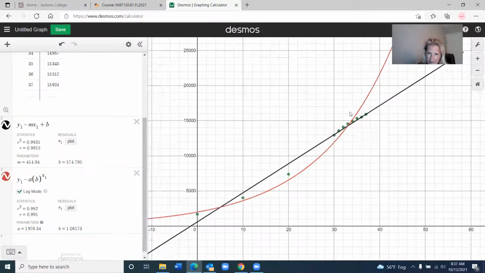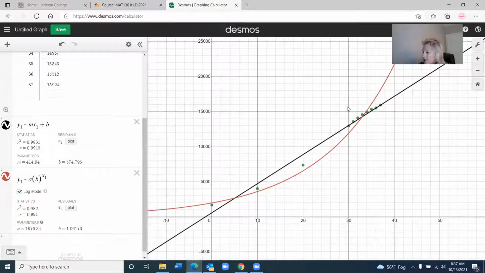If you look here at those single years, it doesn't really look like it's fitting as well. And notice that the R, the correlation coefficient, isn't quite as strong. It's 0.991 instead of 0.9915. So, okay, let's go back to our paper so we can fill this out and answer these questions.